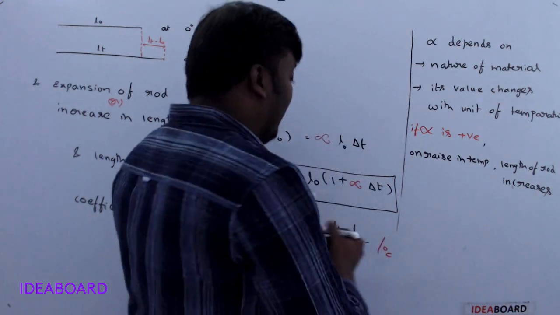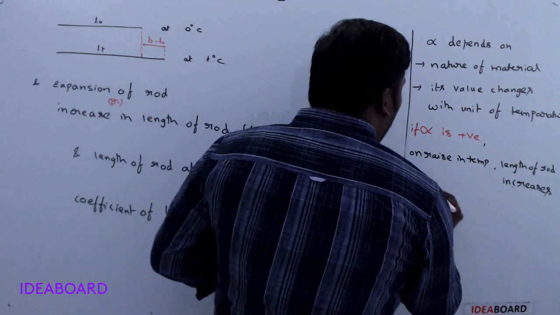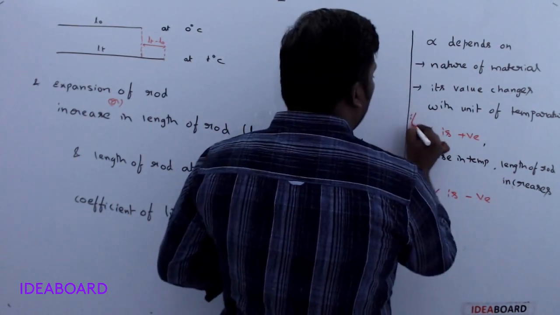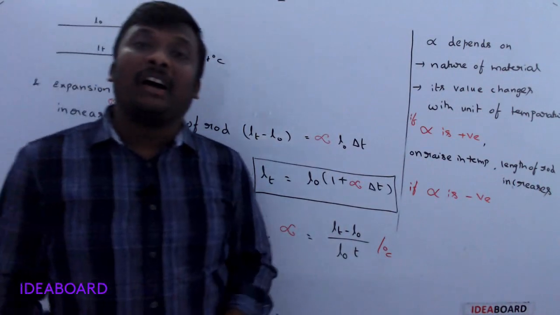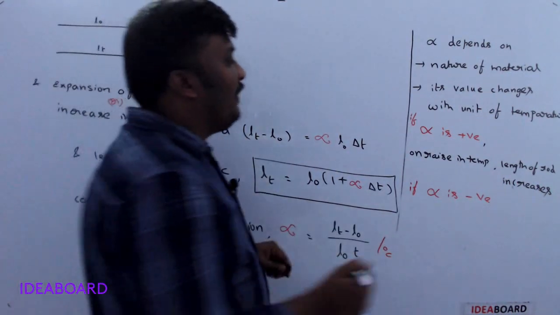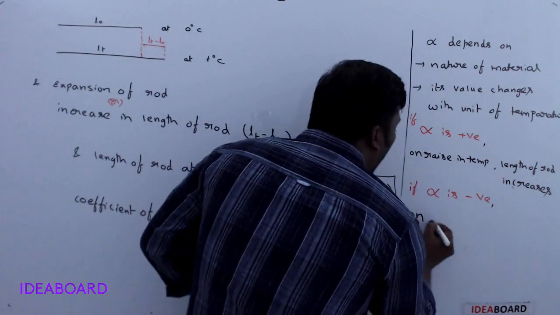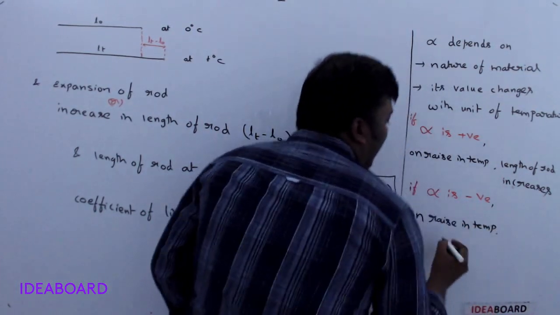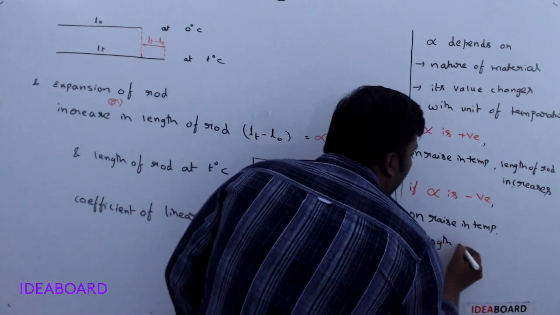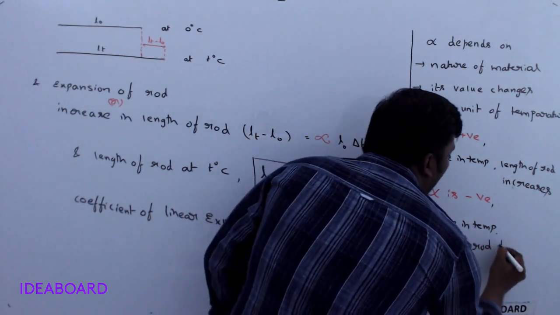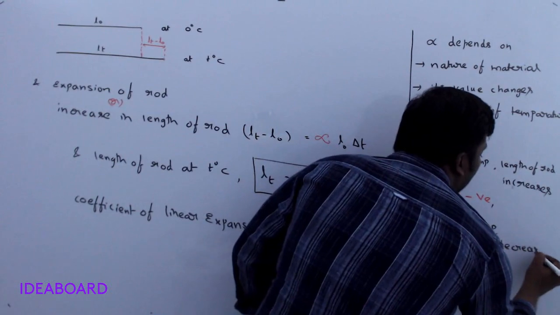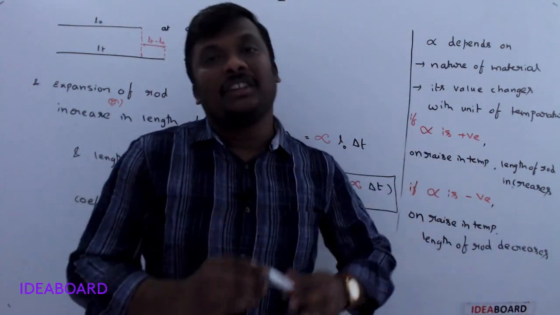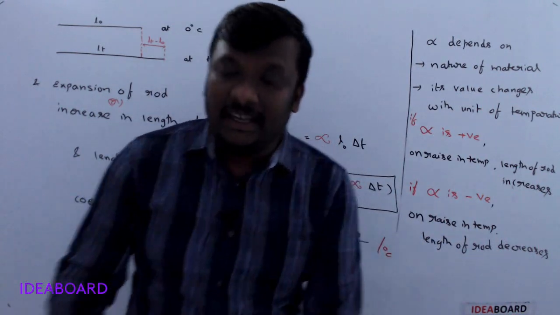But some materials have alpha negative. What is the meaning of alpha negative? On rise in temperature, the length of the rod decreases, which means contraction takes place. Any examples?